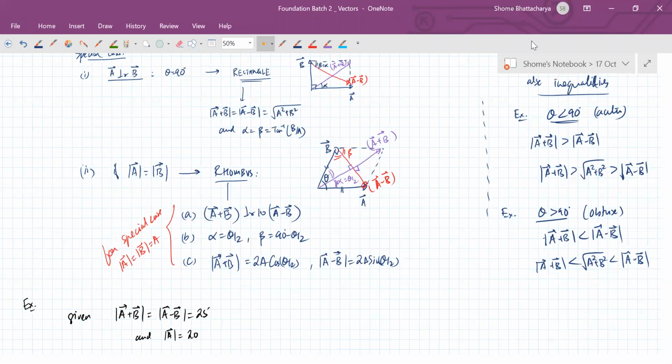Anybody else who got the answer apart from Deep? Yes, Bhargav, that's correct. Good.